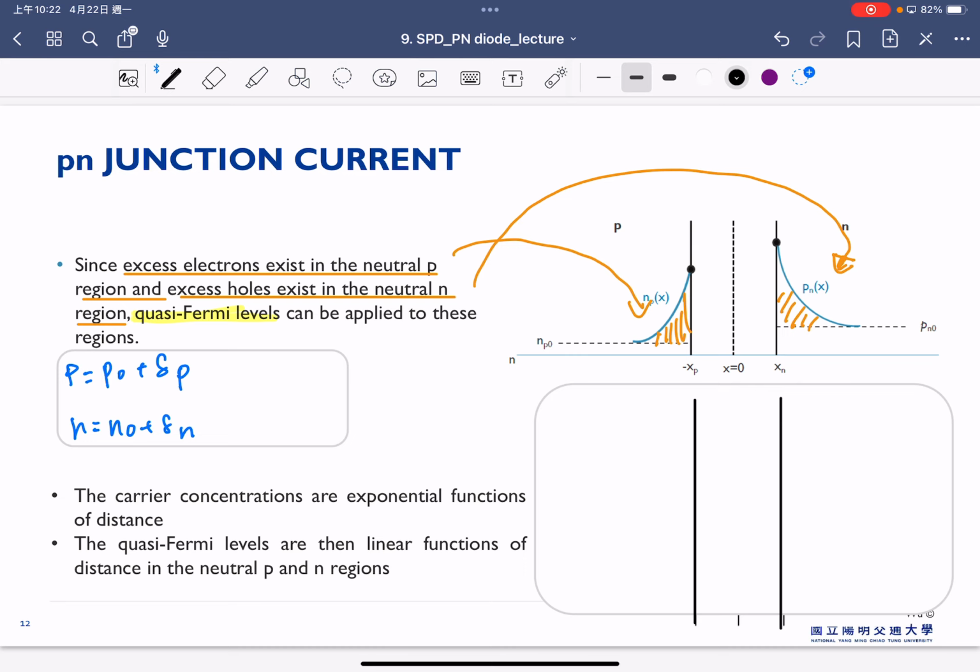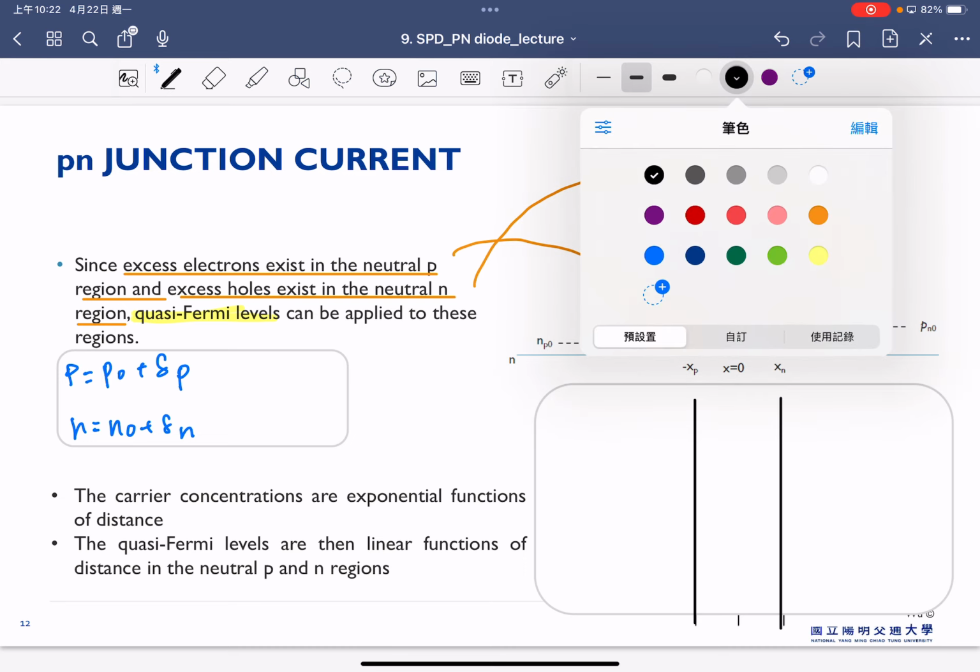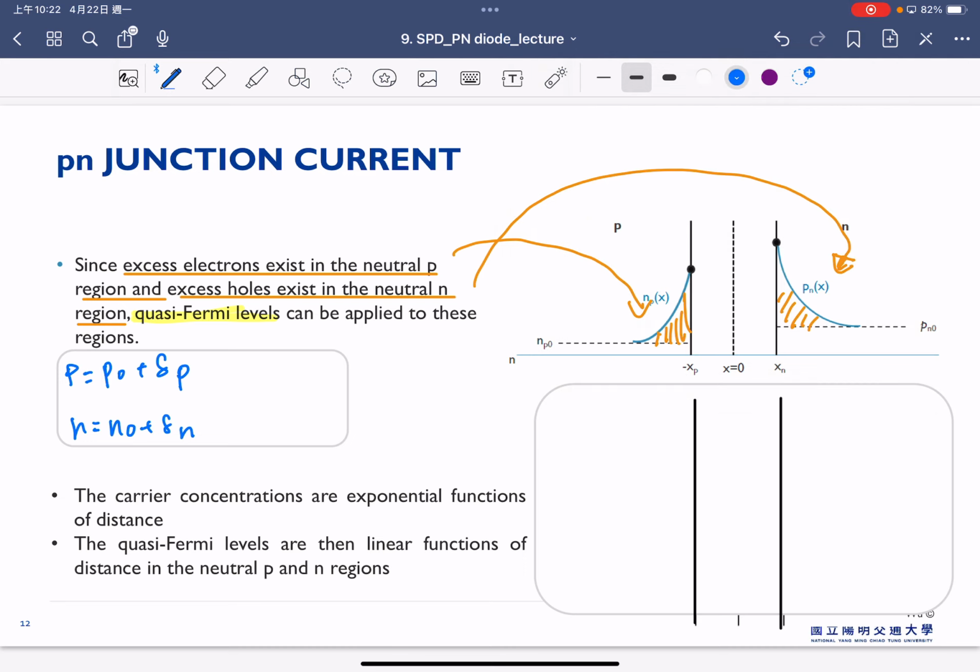So in the left hand side we have this, this is our EFP. In the right hand side we have the EFN here.